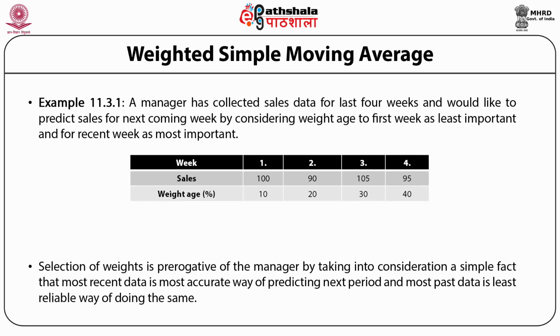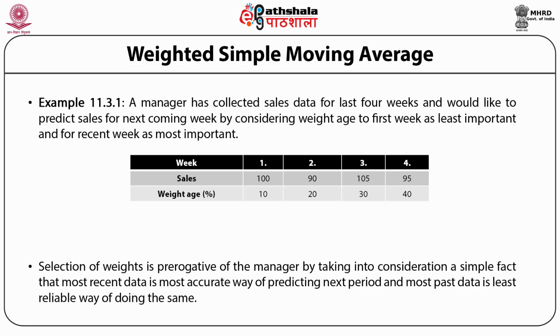In week 1 the sales were 100 units, week 2 sales were 90 units, week 3 105 and week 4 sales were 95 units. The weightage in percentage has been given for each week.